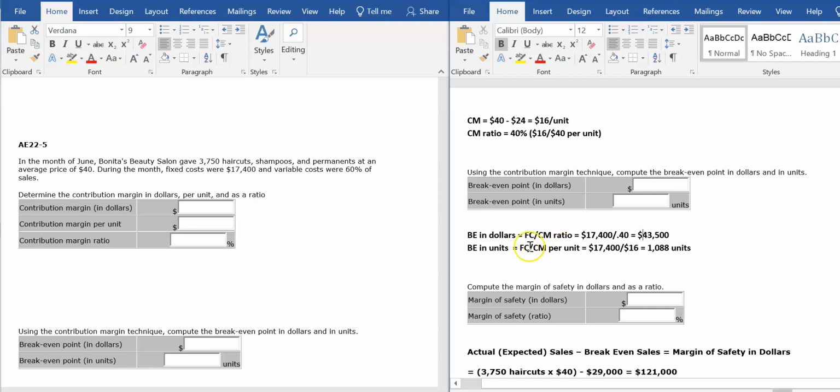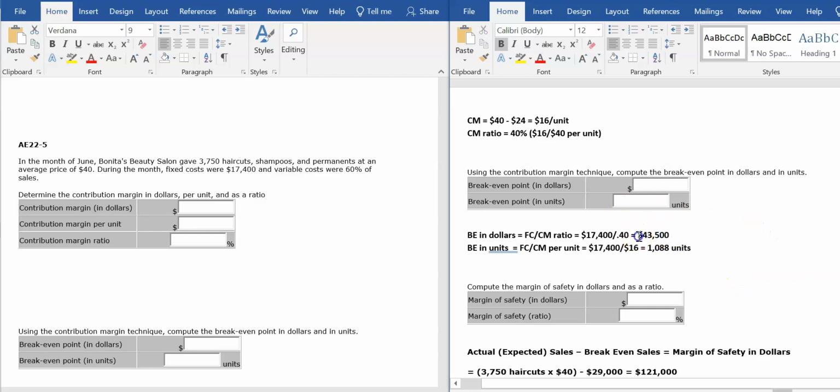In units, fixed cost divided by the contribution margin per unit. Fixed cost is $17,400 divided by the contribution margin per unit of $16, 1,088 units to break even.